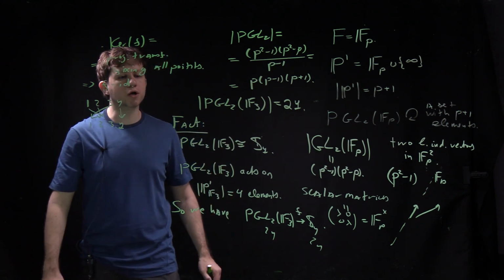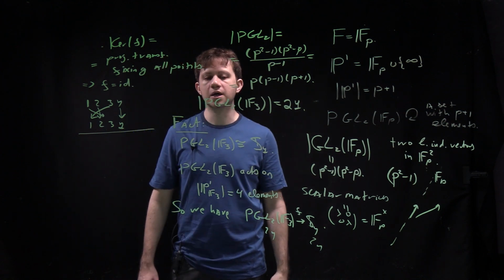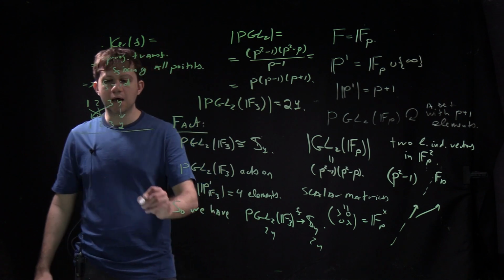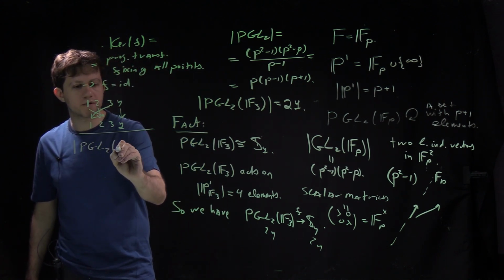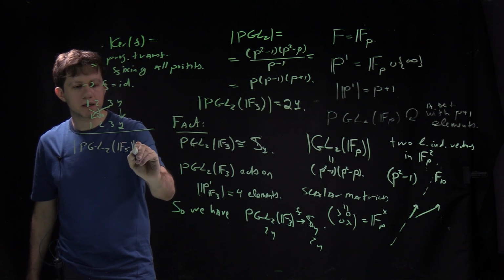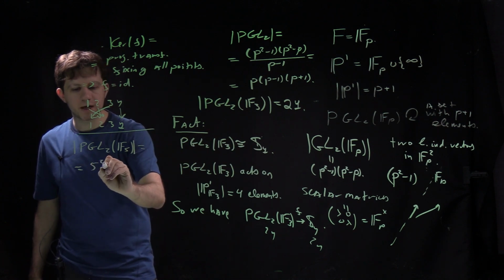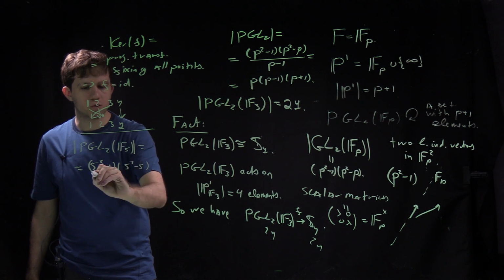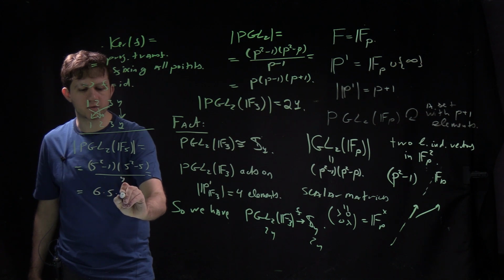Okay, so you might start to think that maybe the pattern is that PGL2 of F5 is S5. Let's look at size. The size of PGL2 of F5 is 5 squared minus 1 times 5 squared minus 5 over 4, which is 6 times 5 times 4, which is 120.